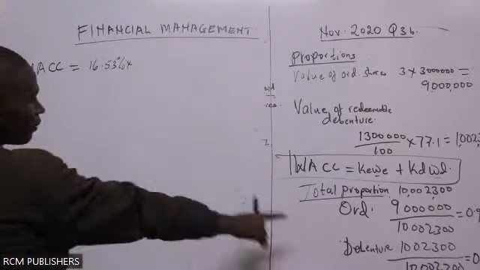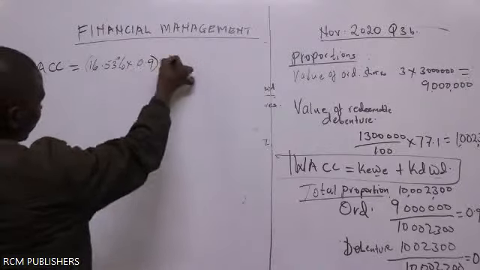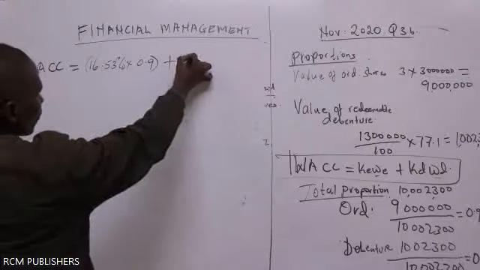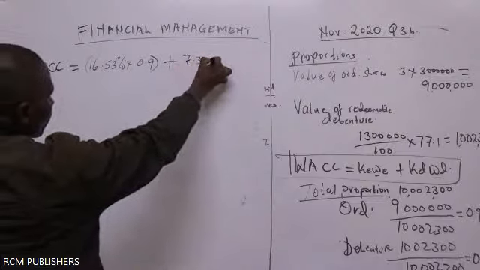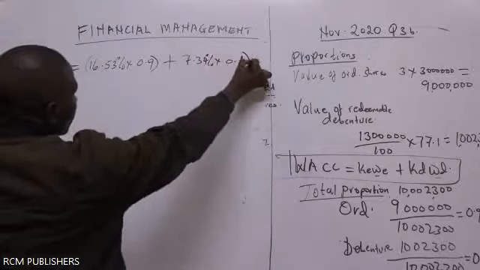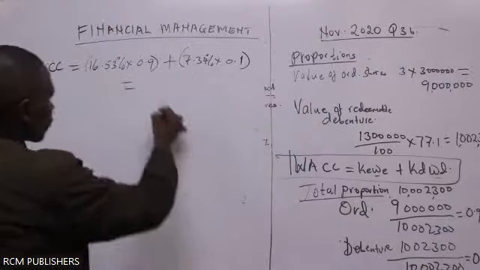I multiply by 0.9 and then I add, it was how much? 7.34%. I multiply by 0.1. Then I add the two and I'm being given 15.611.